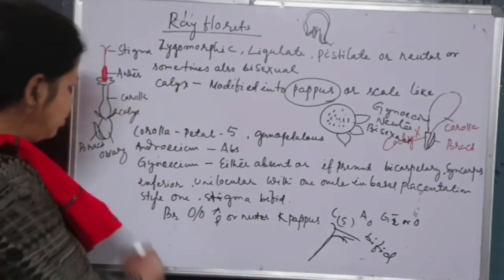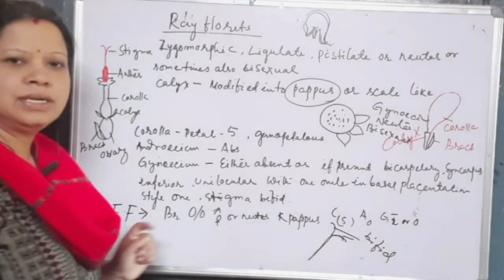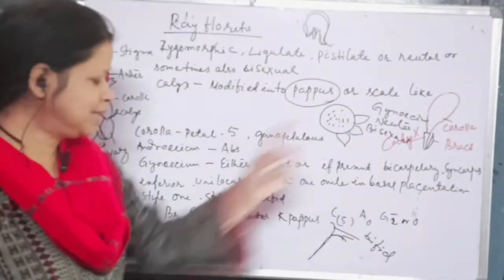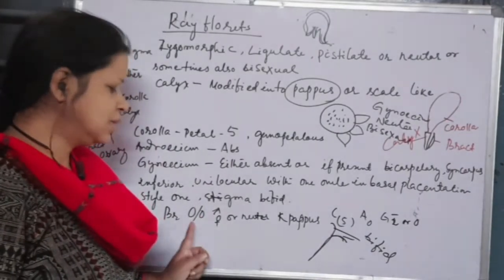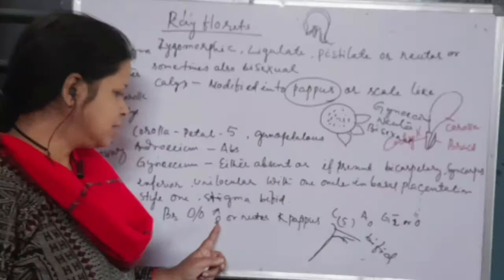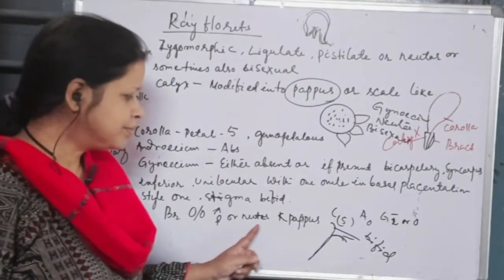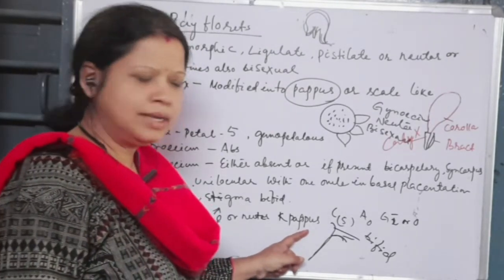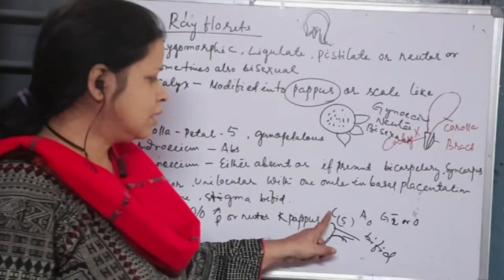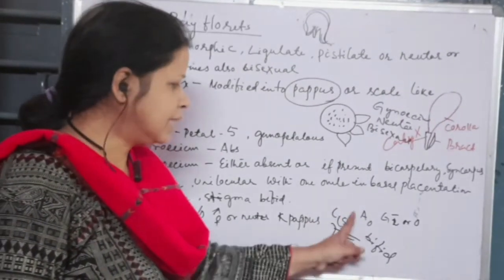Then we come to the floral formula of the ray floret. Bract is present, so this is bracteate. Zygomorphic flower, so this is the percentage sign. Sometimes bisexual or neuter. Calyx pappus, this is a skin or scale-like structure, pappus. Corolla 5, gamopetalous, so in brackets.